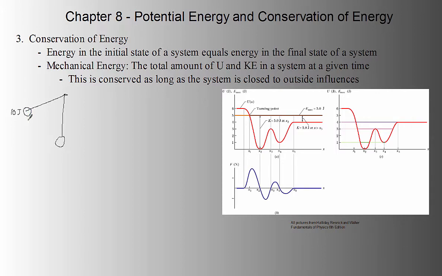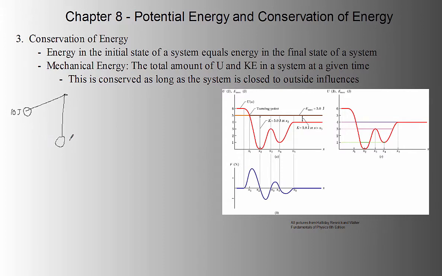It drops. It lowers in height, so it loses gravitational potential. But where does that potential energy go? Due to conservation of energy, it doesn't disappear. It's not destroyed. It stays in the system, but it changes form from potential to kinetic. And as it speeds up, because kinetic energy is the energy of speed, essentially 1/2 mv squared, the potential energy converts into kinetic energy.